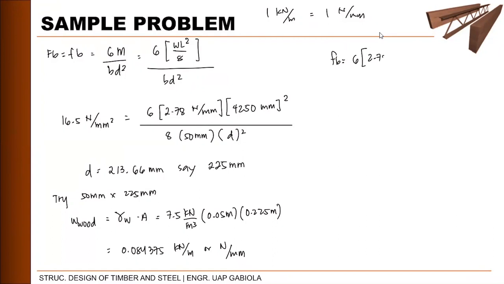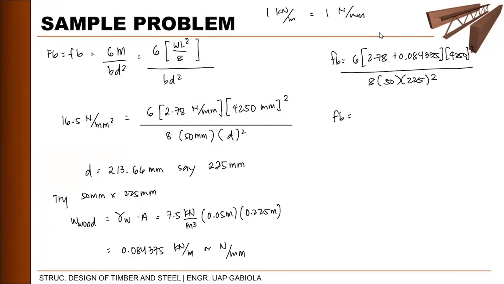So pag gusto natin kunin yung actual value ng FB natin, that will be 6 times yung 2.78 natin kanina plus 0.084375, yan yung ating weight ng wood, times 4,250 squared all over 8 times 50 times 225 squared.